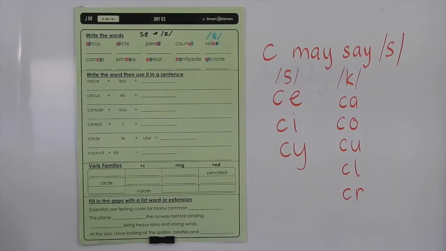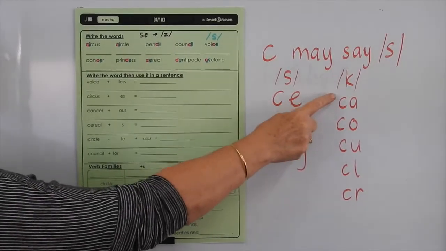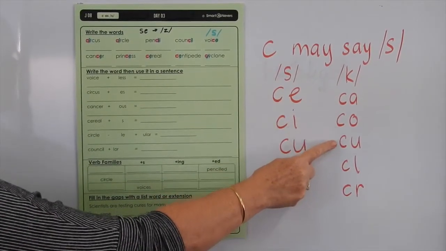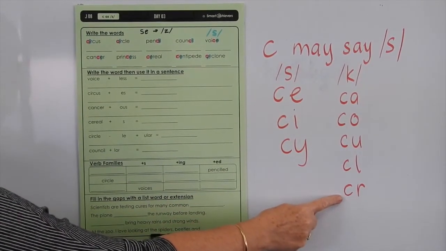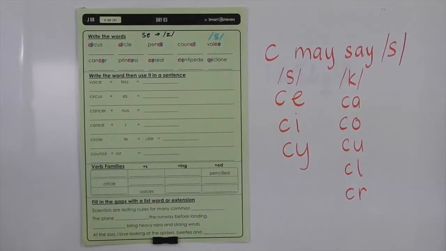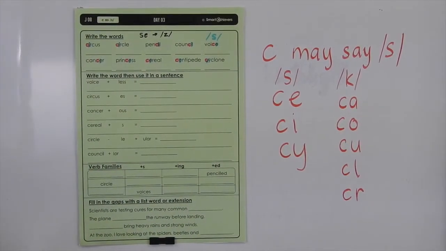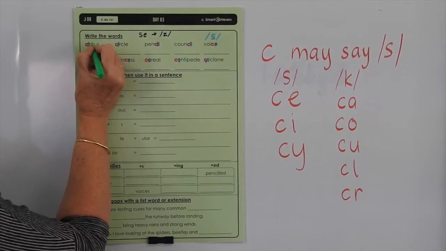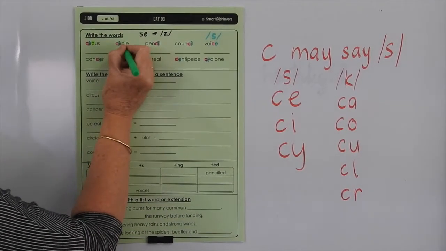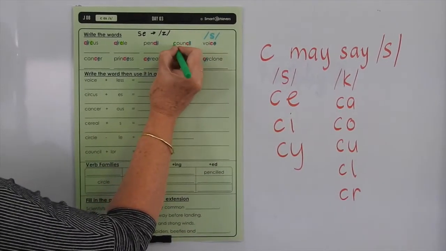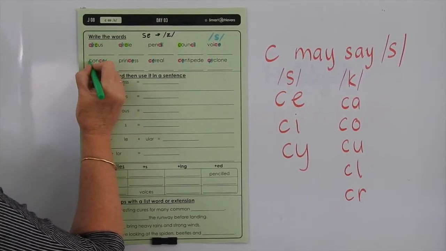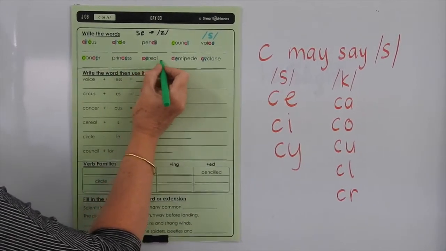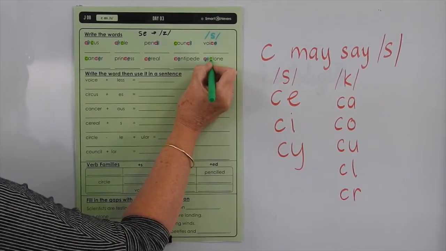Now, we also have the C here where it's making its K sound. So when we have a C followed by an A, O, U, L or R, we know it's going to make the C say K. So let's highlight the C saying K in these words. We've got circus, circle, council, cancer, and cyclone.